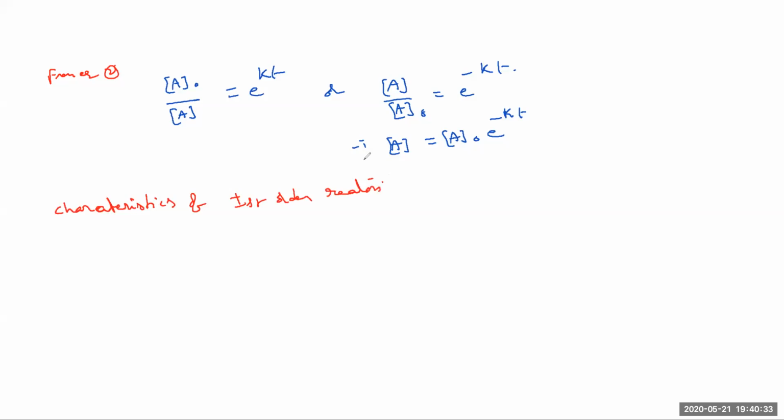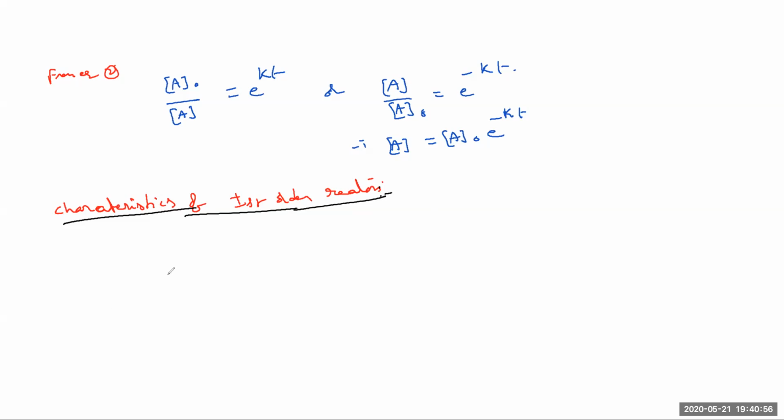And make it as a straight line equation from the above equation, first order reaction.